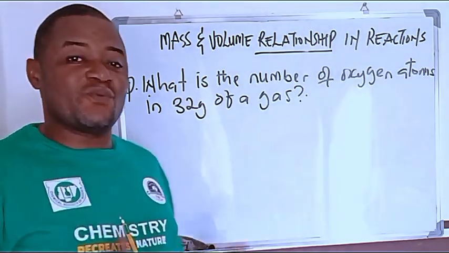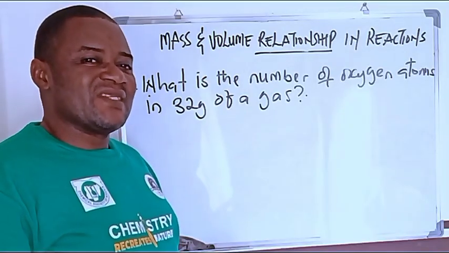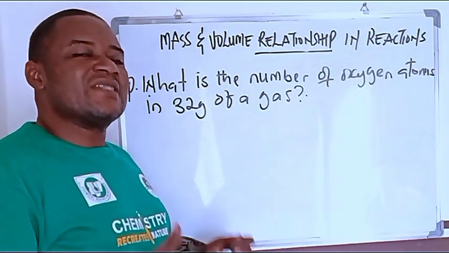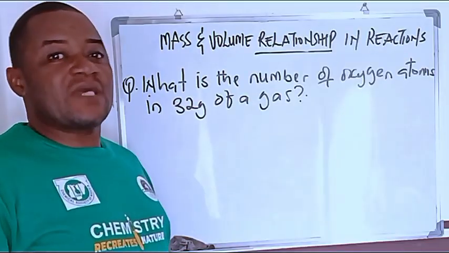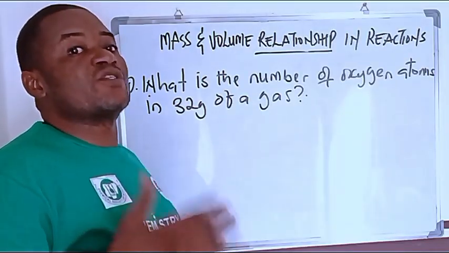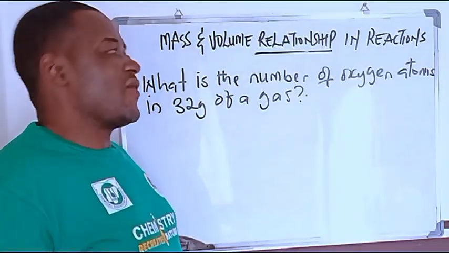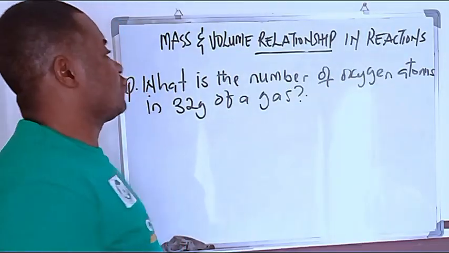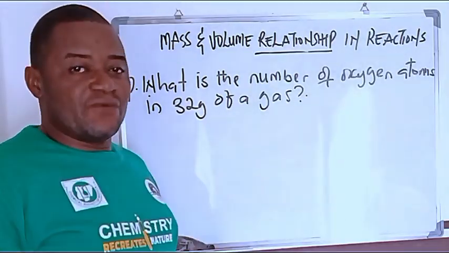But here in Dr. B Science classes, we are going to break them down and use the simplest possible method to solve these problems, so you can apply them in solving subsequent problems. So today you and I are going to solve a problem that has something to do with mass and volume.